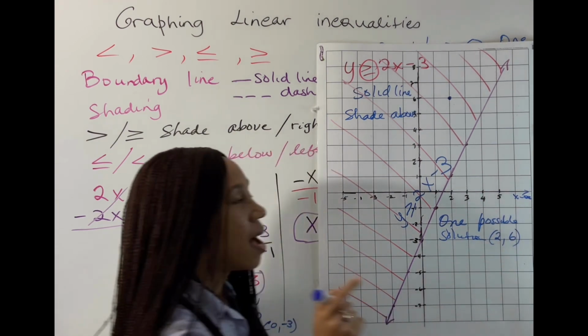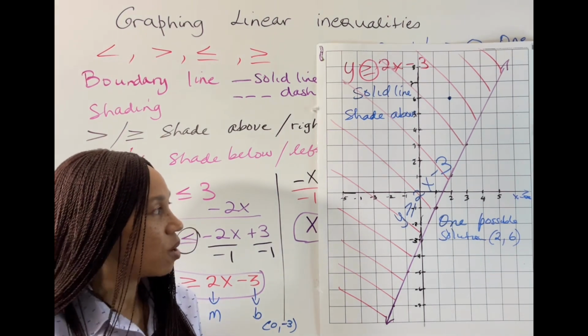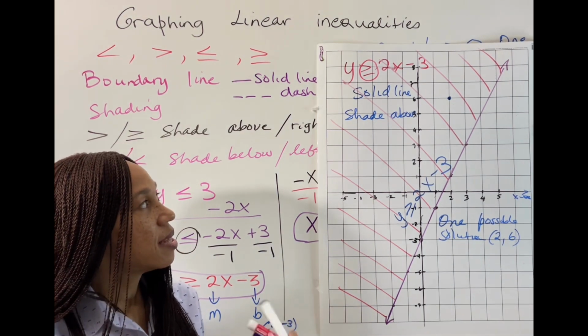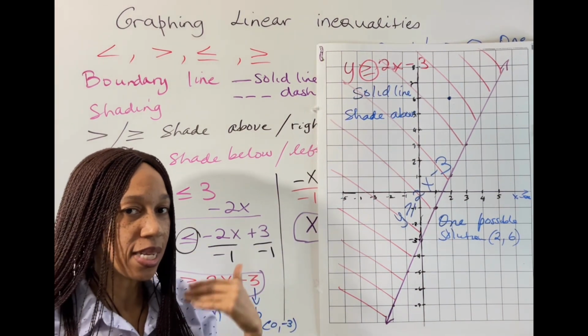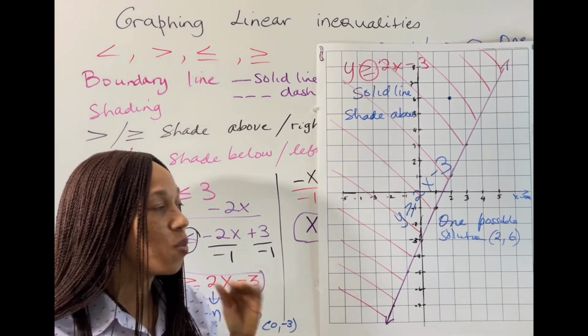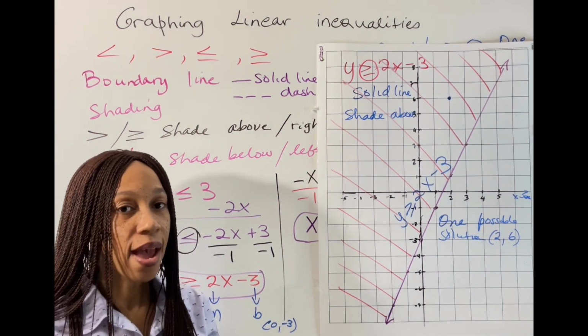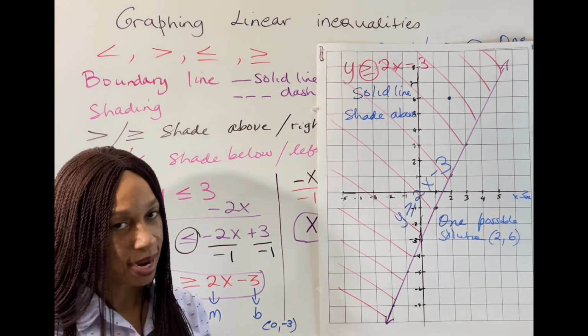6. One thing I'm going to say to you, because we're dealing with an inequality that has half of the equal sign underneath it, meaning it is either less than or equal to or greater than or equal to, we can choose a possible solution that is on the solid line.